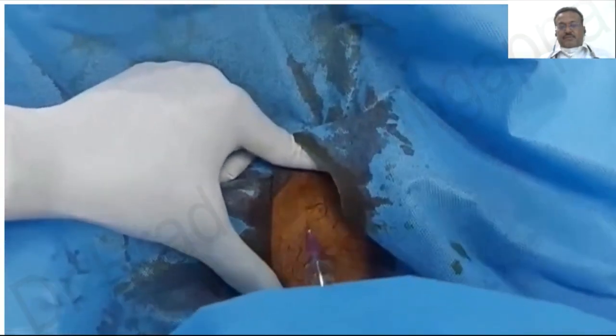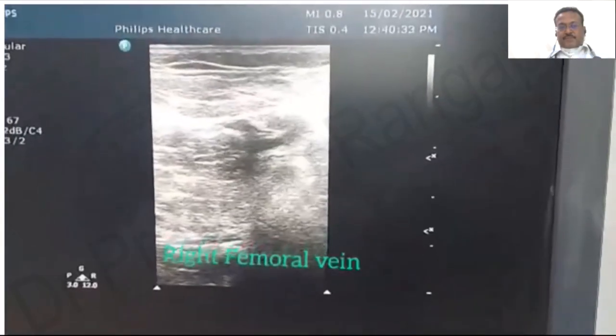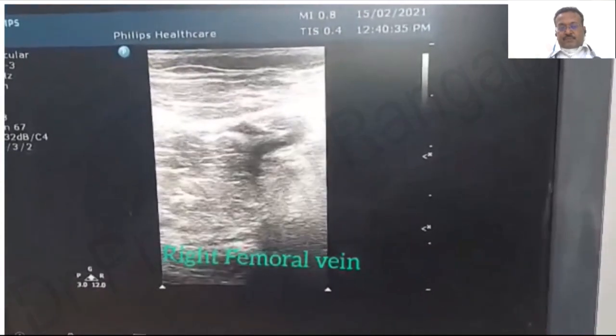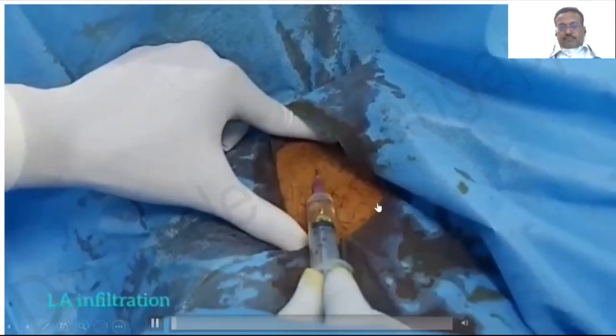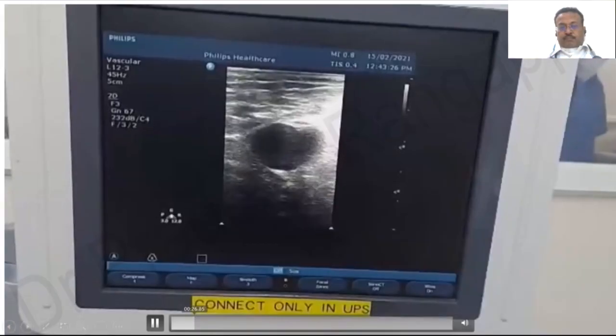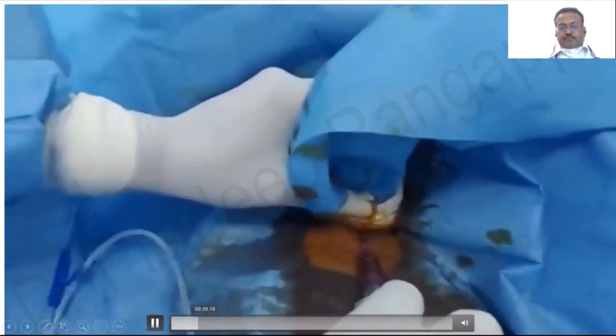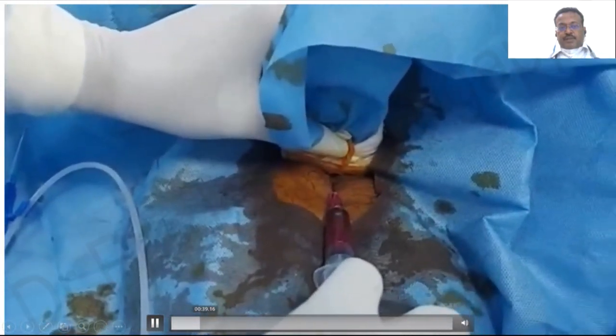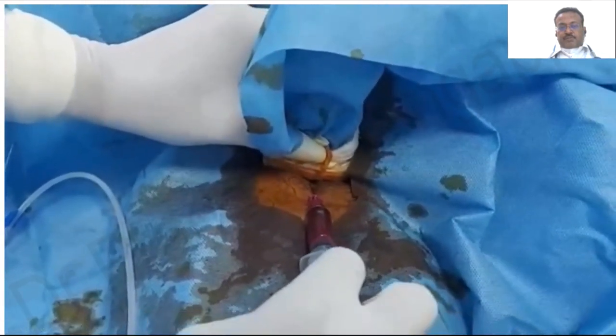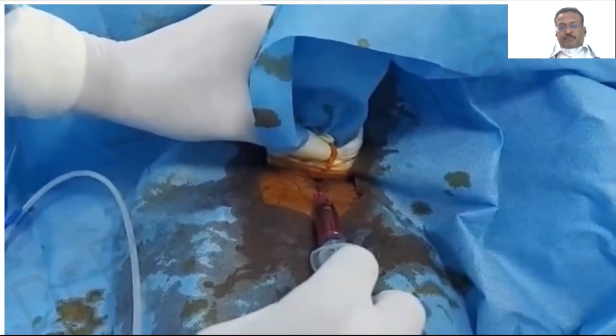So local anesthesia infiltration was given. See, you can see that there's a nice femoral vein, and you can see the blood being aspirated, venous blood.